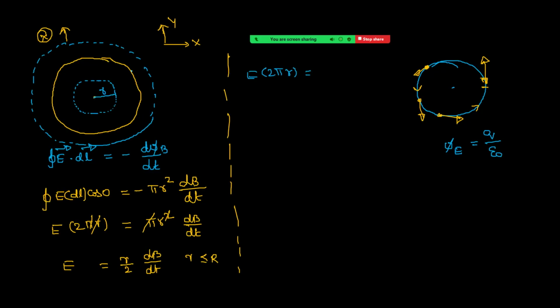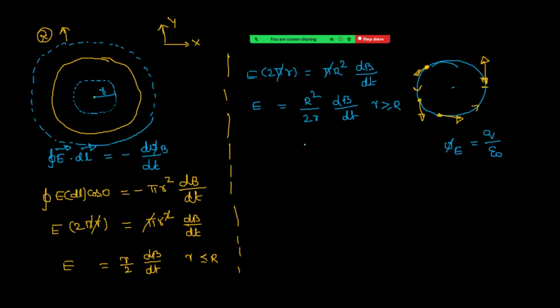We can see flux is confined to only the cylindrical region. If I am focusing on the flux through this entire region, that is equal to the flux through this cylindrical region. So here we have to write pi r square into dB by dt. Okay. Pi gets cancelled. E equal to R square by 2r into dB by dt. This is for r greater than or equal to capital R, right?